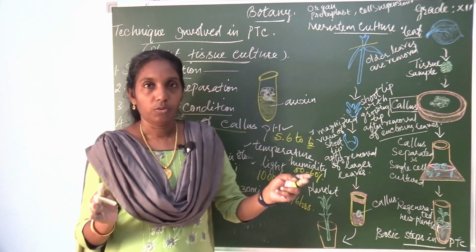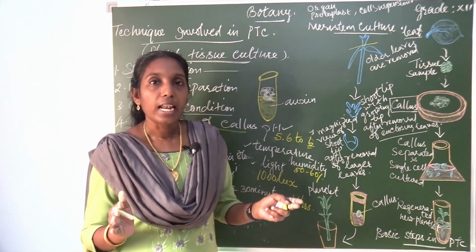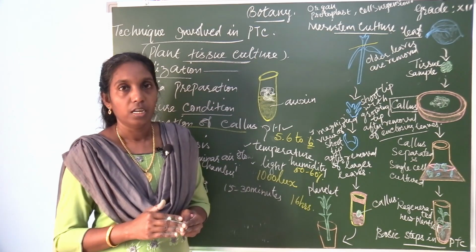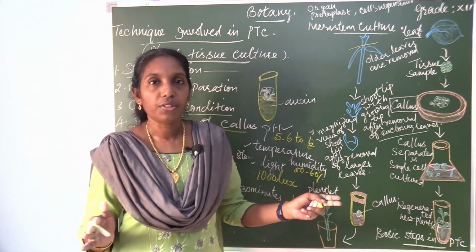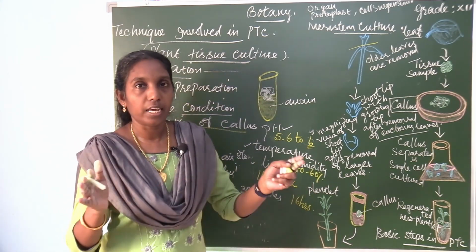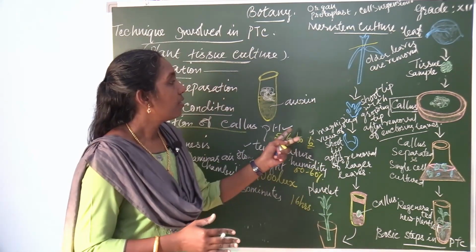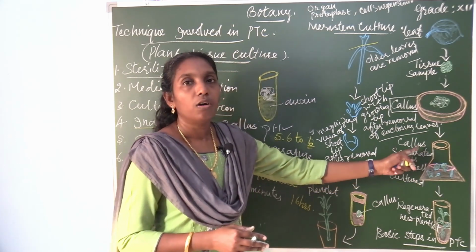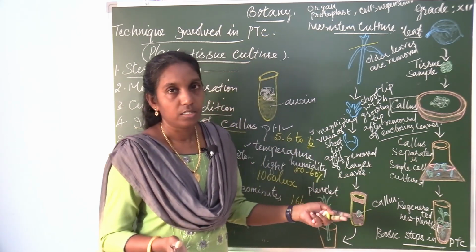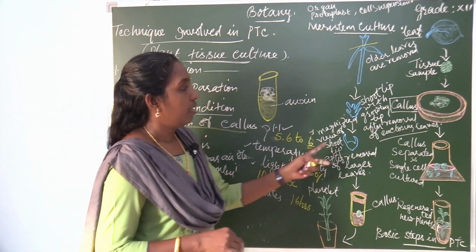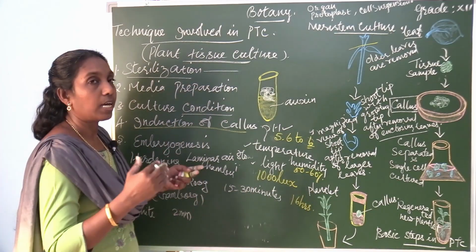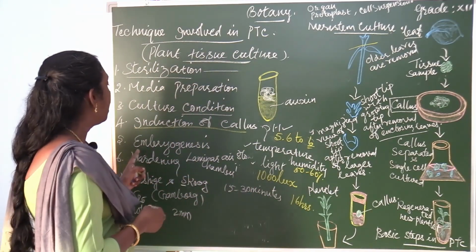These all work under laminar airflow chamber. So it is maintenance of the aseptic environment in the laminar airflow chamber. In front of this laminar airflow bench, all this transfer of materials can be done. Then induction of callus. Now callus is induced.